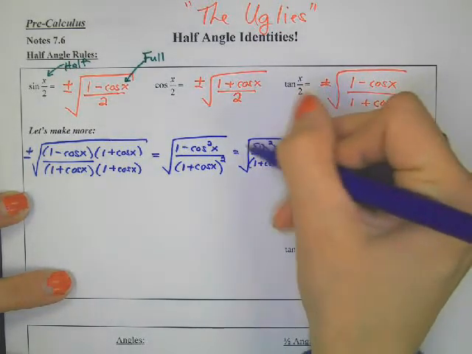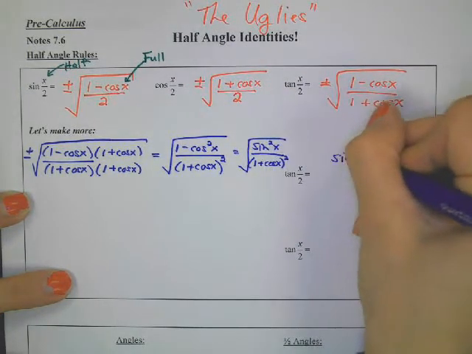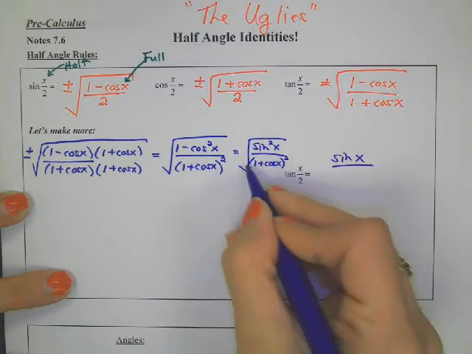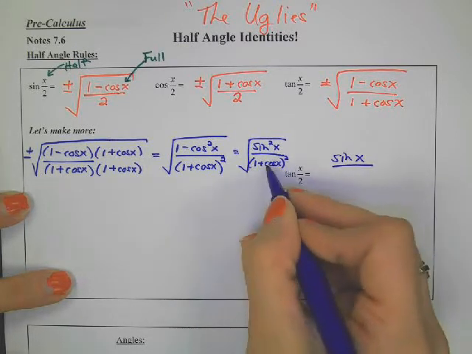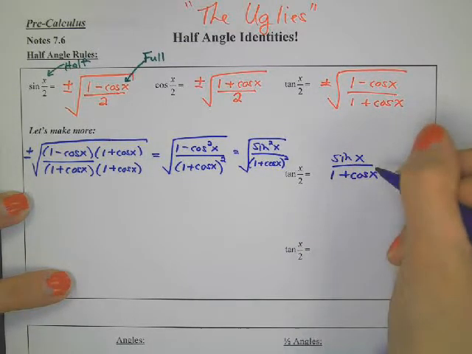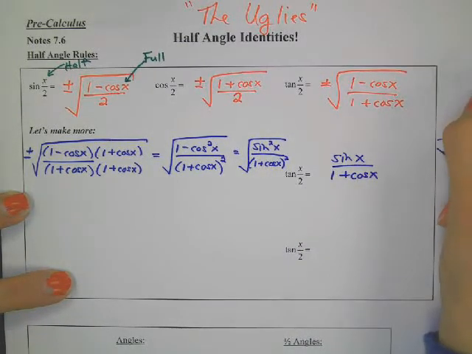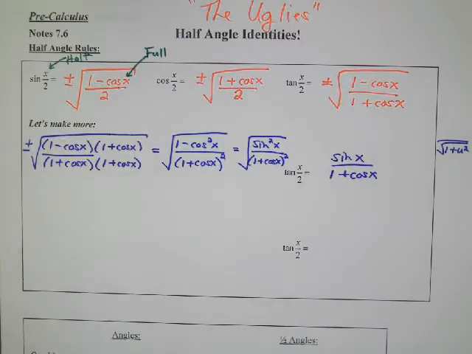Sine squared being square rooted, well, that can come out of the radical, and that's just sine of x. How about a quantity squared? Can that come out of a radical since it's the entire quantity? Yes. Remember when we studied other things, things like the square root of 1 plus u squared? When it's just the u, you cannot take it out. But since it's quantity squared, you can.